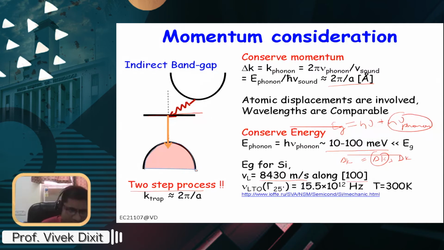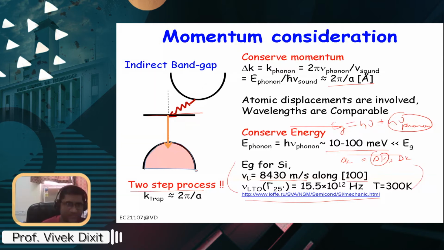There are different phonons: a longitudinal phonon and a transverse phonon, with different frequencies, so their energies are also different. This data is taken from this reference. We don't have to go into the details of the phonon right now; if required, I will take it up later. But it is one of the particles that takes part in carrier generation and recombination when it is trap assisted.